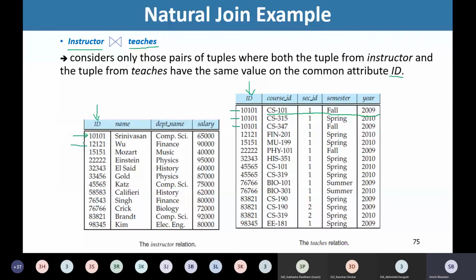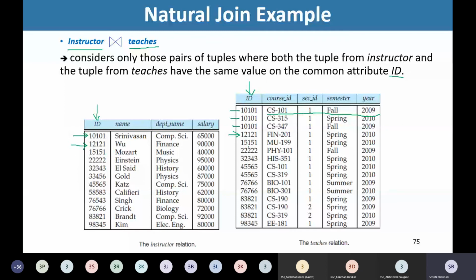Now for this 12121, do I have any matching tuple here in teachers for 12121? Yes, we will have that combination 12121 along with this only tuple. Only one tuple we have.